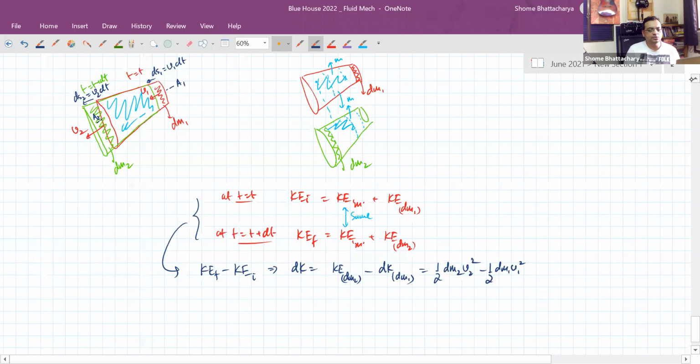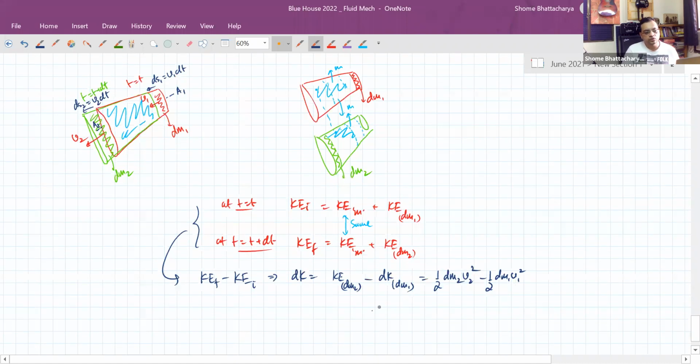It is the mass of that small section. So dm2 is density into volume of that section, which is a2 v2 dt, which is rho into dV, because we've already seen that a2 v2 is equal to a1 v1, which is equal to dV by dt.